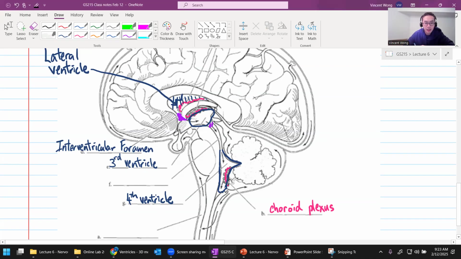And connecting the third with the fourth is a duct, and that is called the cerebral aqueduct.